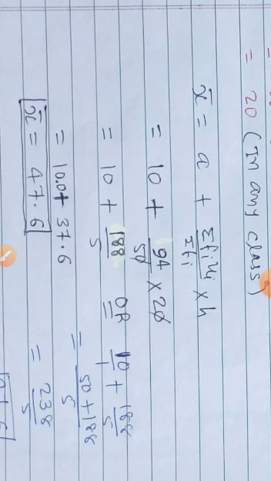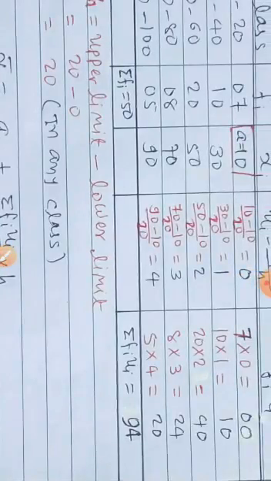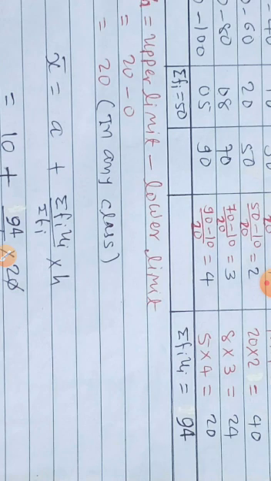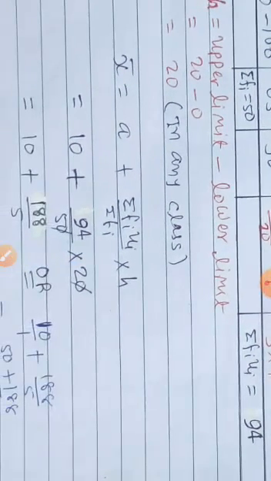So all values are placed. Sigma fiui value we found is 94, so it is written 94. Then sigma fi is 50, so we have written here 50. Class size is also found, that is 20. You need not write it, don't show it. I just wrote it here for your clarification.